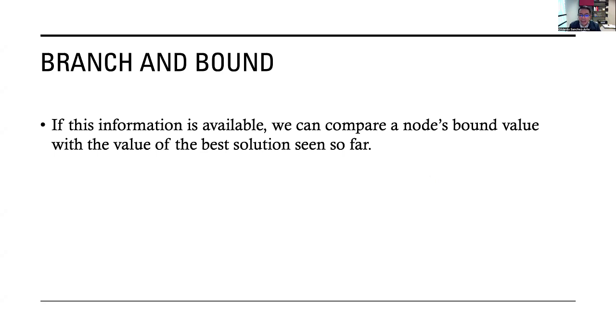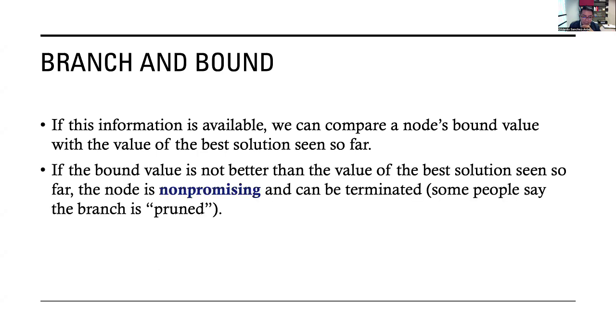In any case, if we have this information available, then we can compare the bound value in the node that I am exploring with the value of the best solution we have seen so far. If the bound value is not better than the value of the best solution that we have seen so far, then basically what this is telling us is that it's a non-promising path.